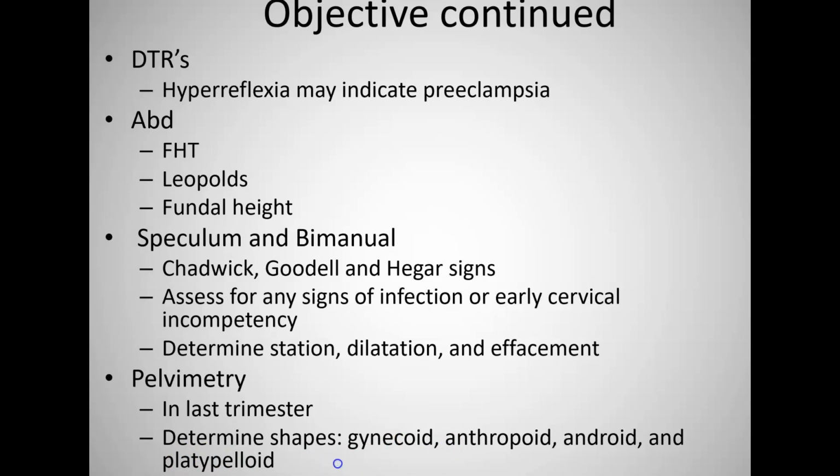They describe different pelvic shapes of a person, and sometimes based on the pelvic shape of a woman, it could interfere with that person's ability to deliver the way that they are supposed to deliver.